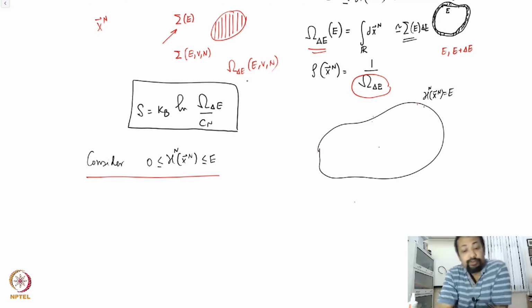So now what we want to look at is how do I replace this cumbersome calculation of the shell in the hypersurface by something easier to do.